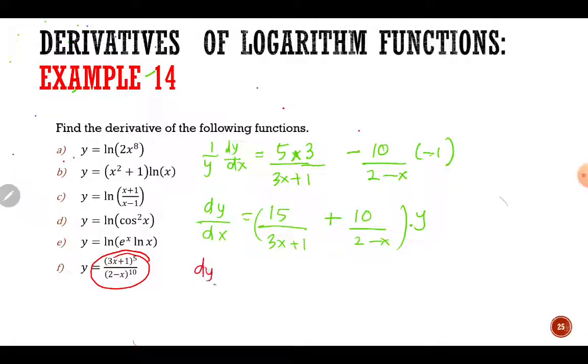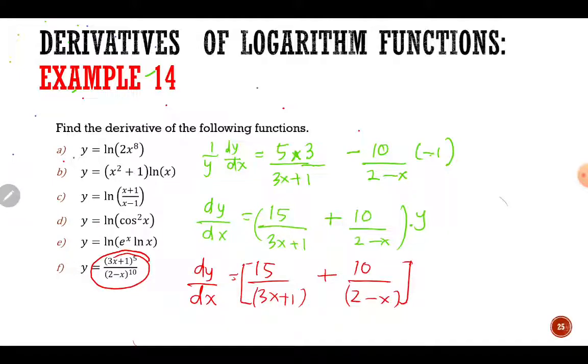So maknanya our dy dx is equals to 15 over 3x plus 1 plus 10 over 2 minus x, darab dengan kita punya y adalah 3x plus 1 power of 5 bahagi dengan 2 tolak x power of 10. Nampak tak? You boleh nak simplifykan kalau you nak.